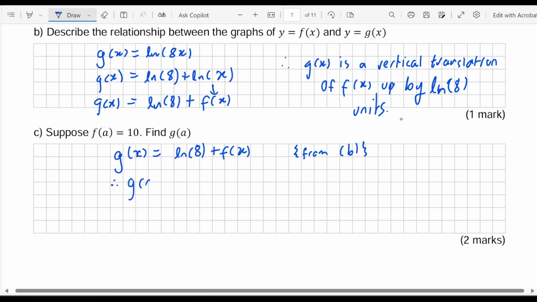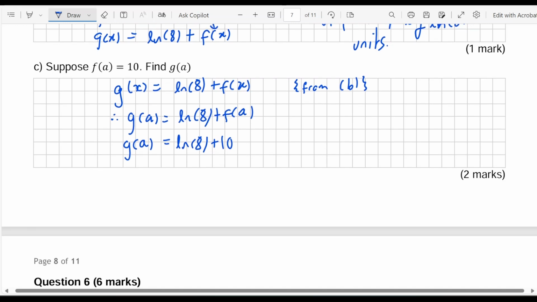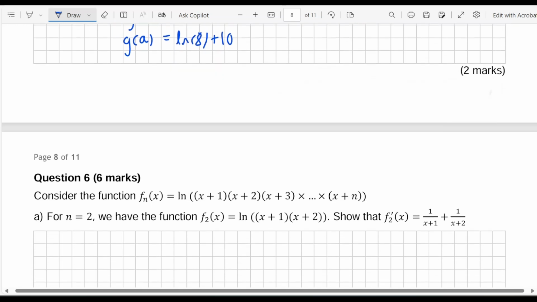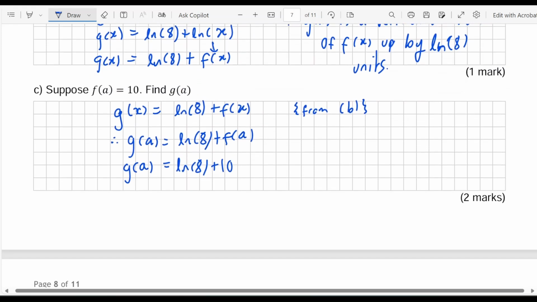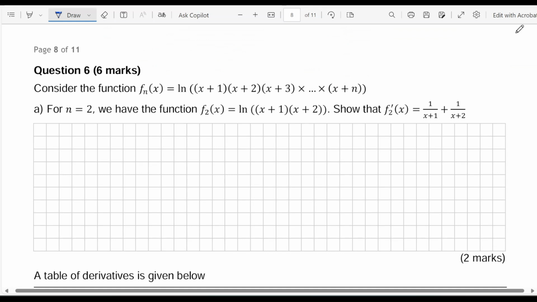Therefore, g of a is log of 8 plus f of a, which is log of 8 plus 10. So that is g of a. Now, I didn't ask for an exact value, so I might just leave it at that. I didn't ask for an approximate or anything, so we're just going to have it as the exact value there.